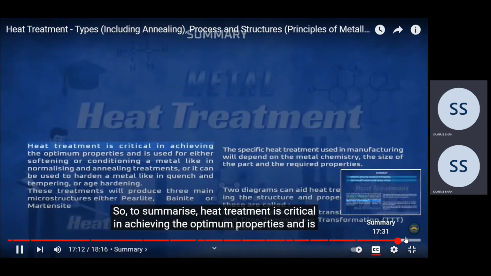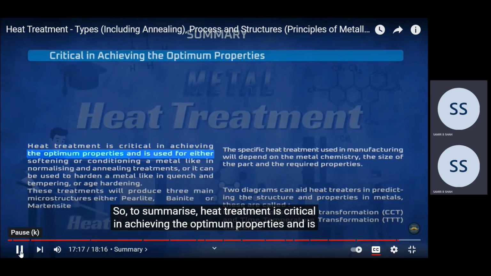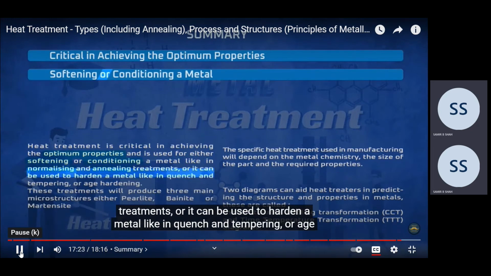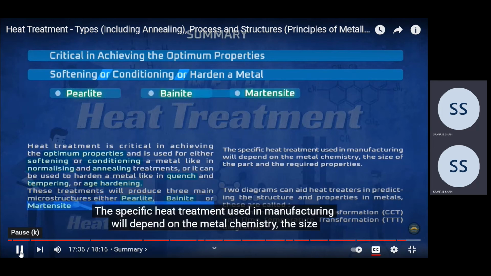So to summarize, heat treatment is critical in achieving the optimum properties and is used for either softening or conditioning a metal, like in normalizing and annealing treatments, or it can be used to harden a metal, like in quench and tempering, or age hardening. These treatments will produce three main microstructures, either pearlite, bainite, or martensite.